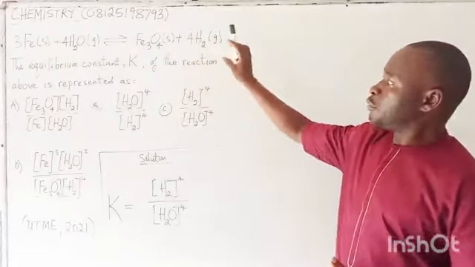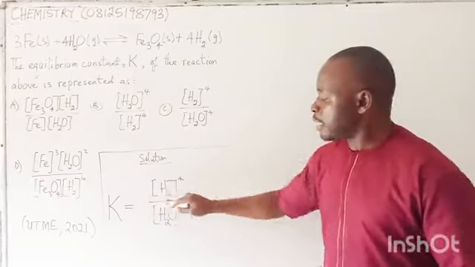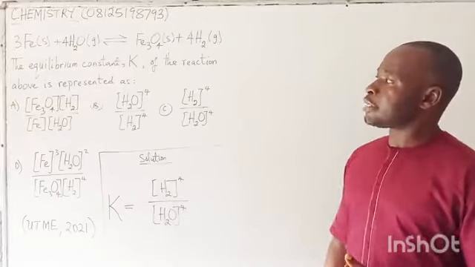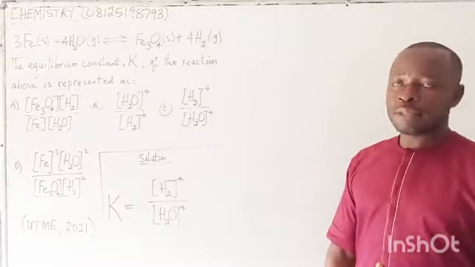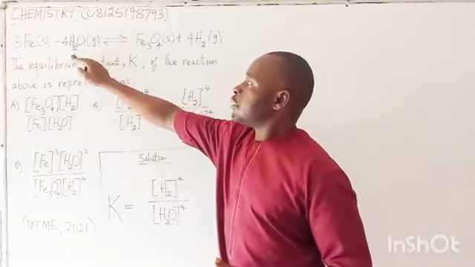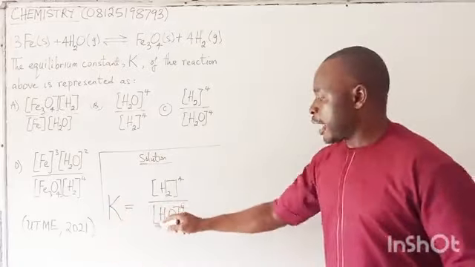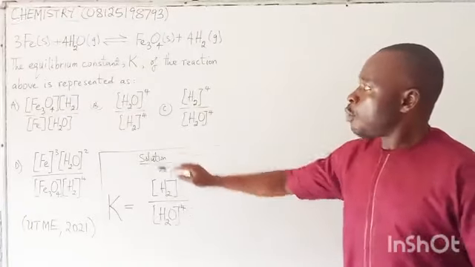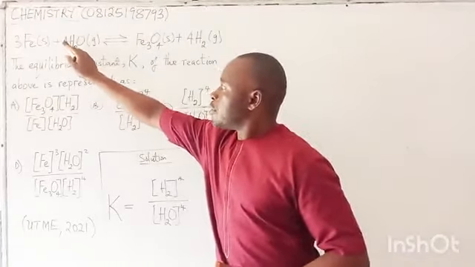We take the product first, then we write divided by, go to the reactant. Do we have any reactant in gaseous form? Yes, that reactant is water, that is steam. We put it in square bracket because we're expressing its concentration. Raised to power, what's the coefficient here? 4.